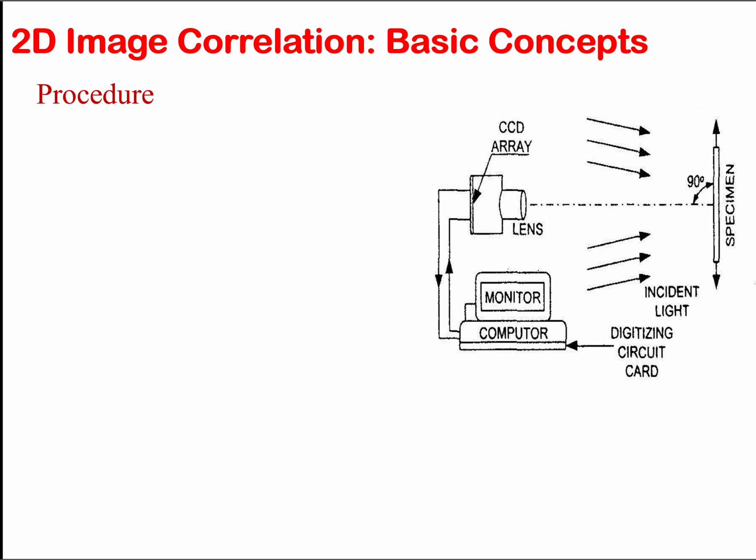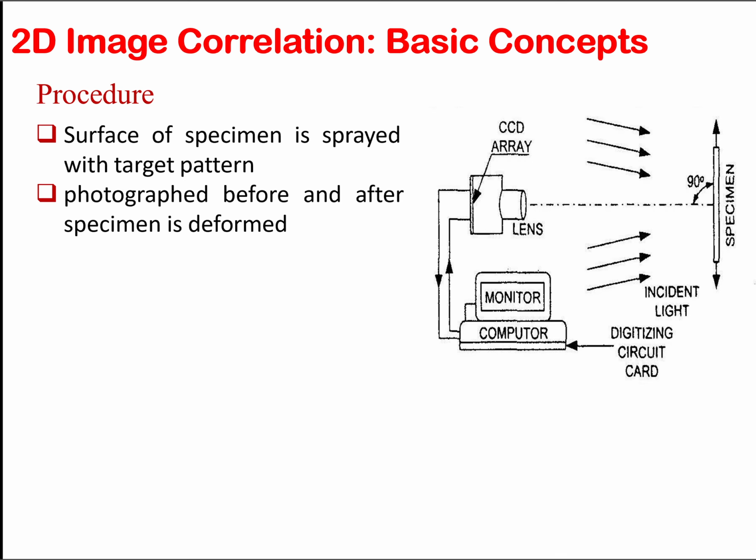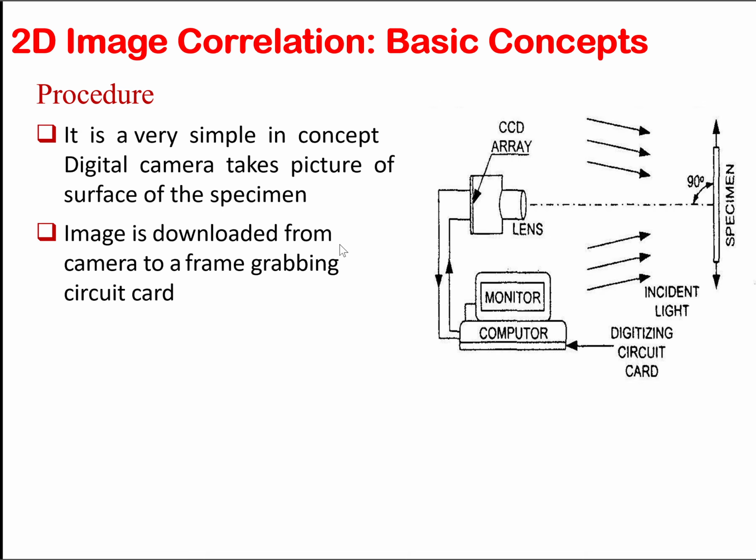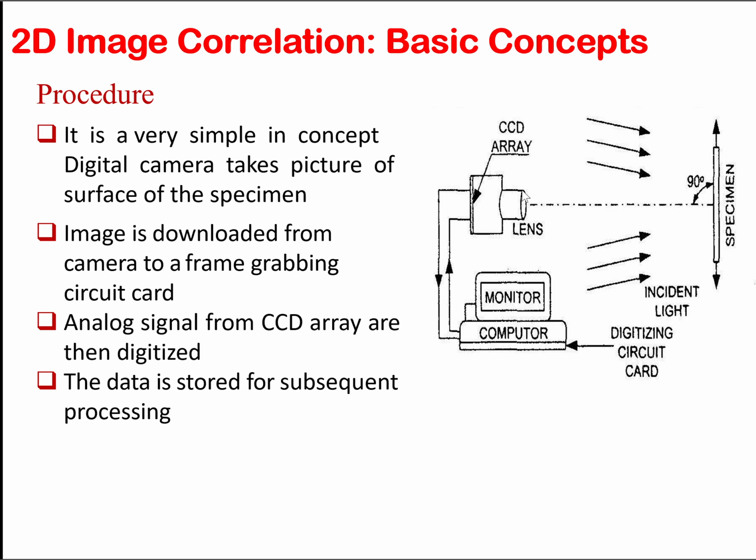But how does it work? It's essentially very simple. You have a camera that is installed in front of a sample, and you take a lot of pictures of this specimen while you apply a load to it, and then these pictures are going to be processed by a computer that is going to track the movements of the speckle patterns as you apply the load.